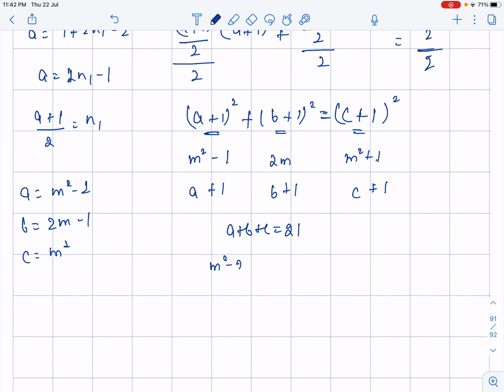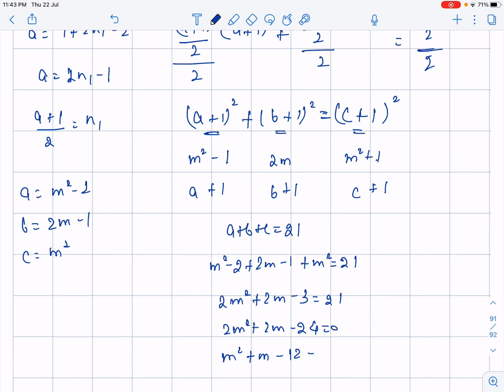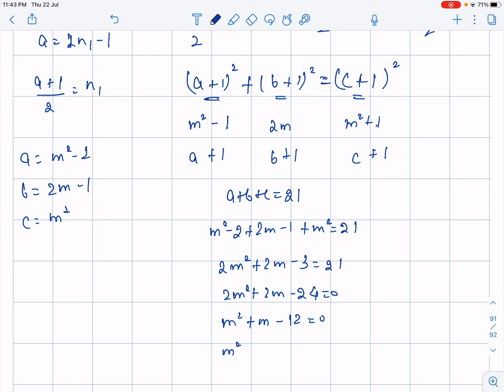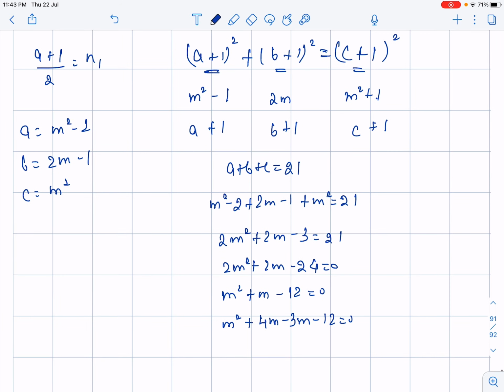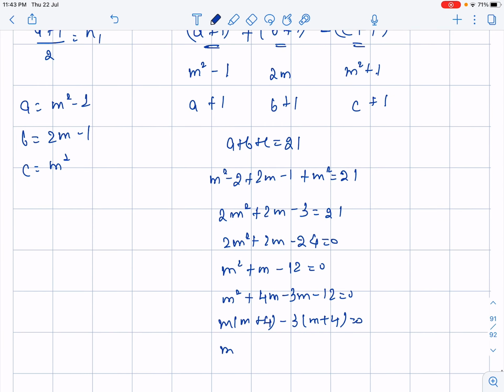So m square minus 2 plus 2m minus 1 plus m square is equal to 21. That is 2m square plus 2m minus 3 is equal to 21, or 2m square plus 2m minus 24 is equal to 0, or m square plus m minus 12 is equal to 0, or m square plus 4m minus 3m minus 12 is equal to 0, or m times m plus 4 minus 3 times m plus 4 is equal to 0, or m plus 4 multiplied by m minus 3 is equal to 0.